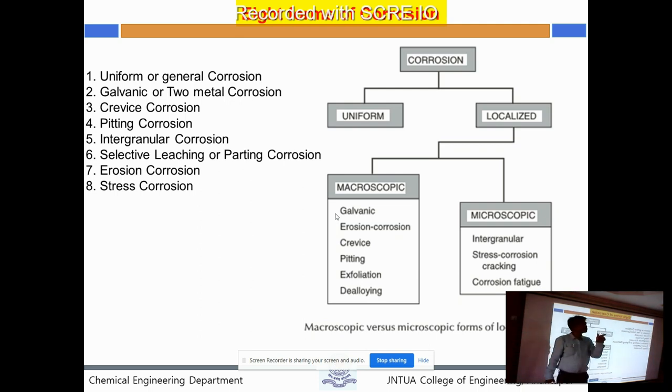Why am I saying localized corrosion is very important? Because see, localized means what? At a specific site only the corrosion takes place. Sometimes we will miss that specific site. Let us say if it is at the center, people will always look at the center, fine, no problem. They can take measurements. They can try to prevent. But let us say corrosion has taken place at the very back end, maybe at a smaller site like this.